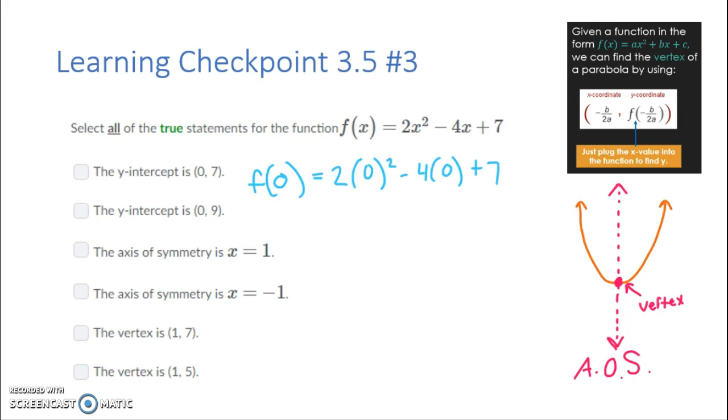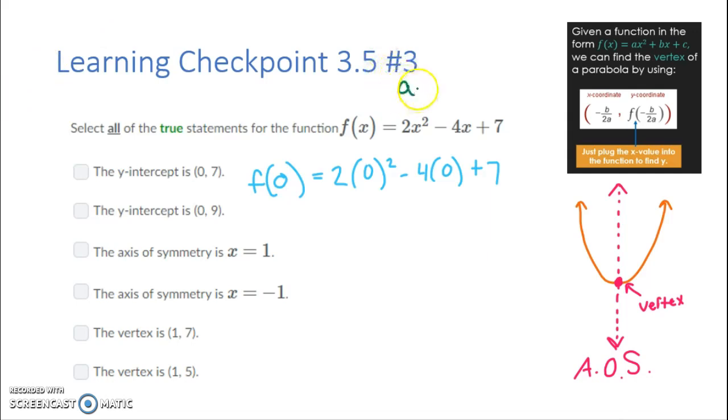Now, your vertex is found by doing negative b over 2 times a and then plugging that value back into the equation. So if we go to our original function right here, we need b and a so that we can plug in to that negative b over 2 times a.